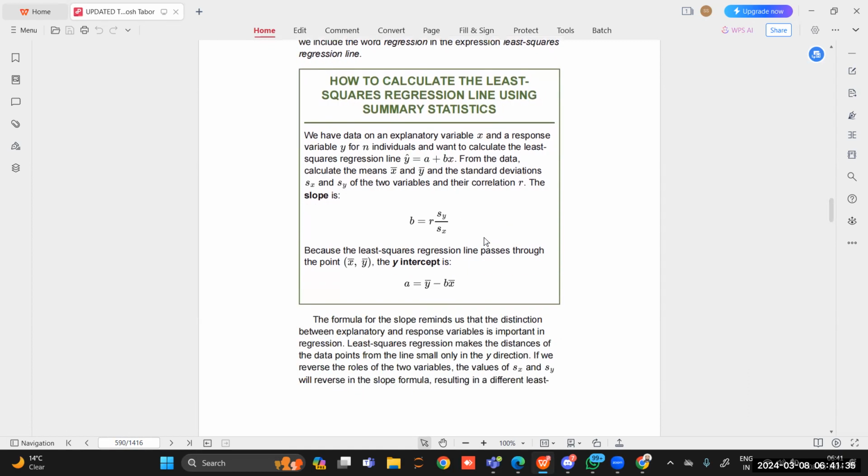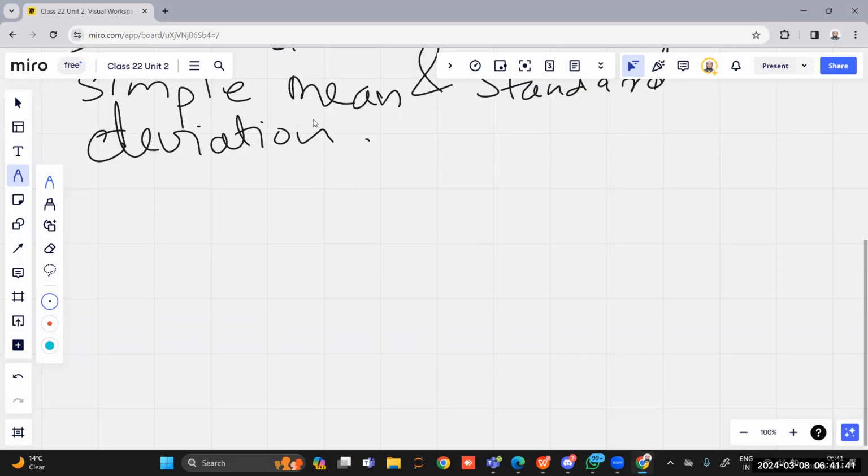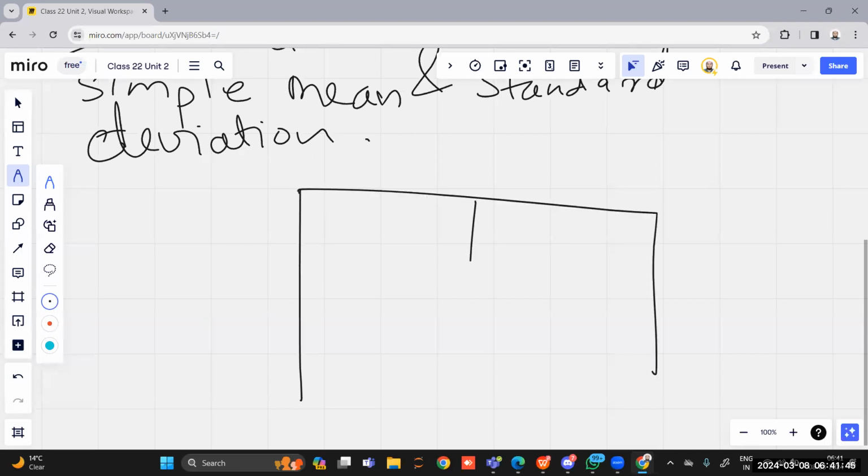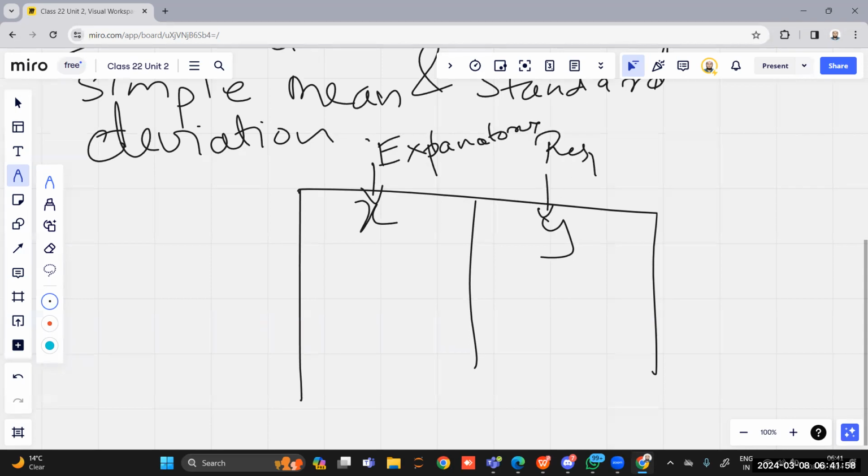Okay, so how to calculate? We know that generally what we are doing is comparing two variables. One is x and one is y. Suppose x is the explanatory variable and y is the response variable.